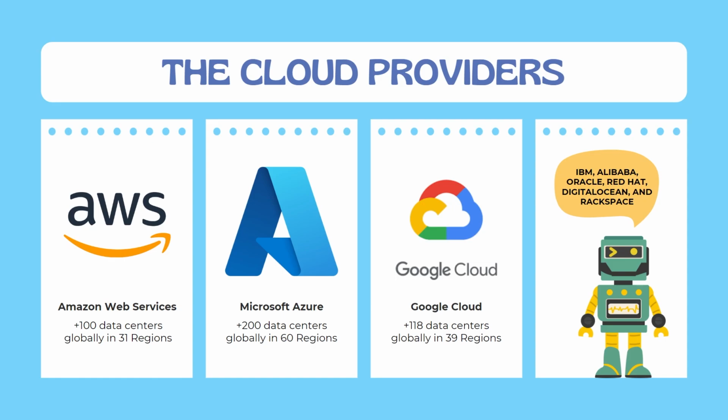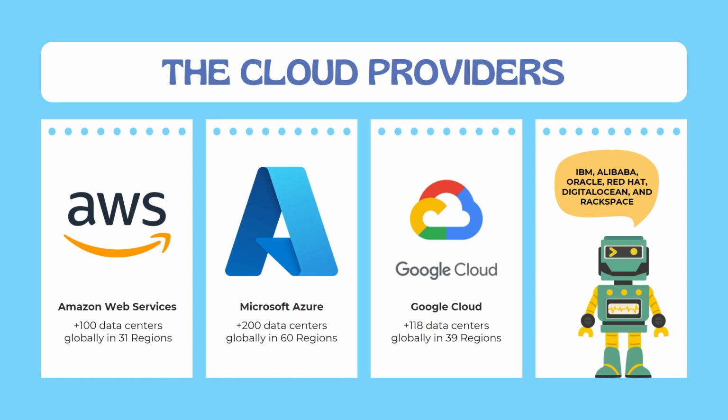Let's discuss who the public cloud providers are, also known as the cloud providers. We have AWS, which is Amazon Web Services. They have over 100 data centers globally in 31 different regions around the world. We have Microsoft Azure, which has over 200 data centers globally in 60 regions around the world.